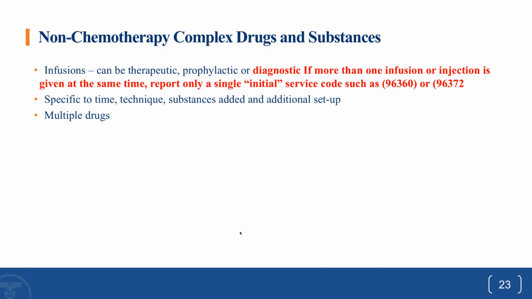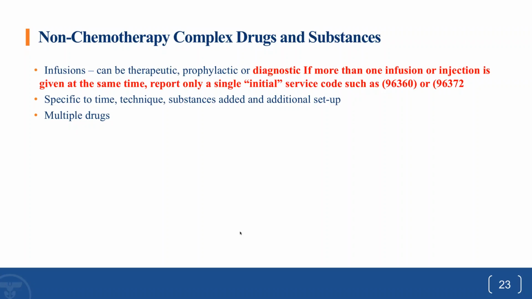It could be treating, or administering some type of drug, or it could be diagnostic. If more than one infusion or injection is given at the same time, remember with the vaccines, we had to do it for each. Well, with the infusions, it's telling you you only report a single initial service code.